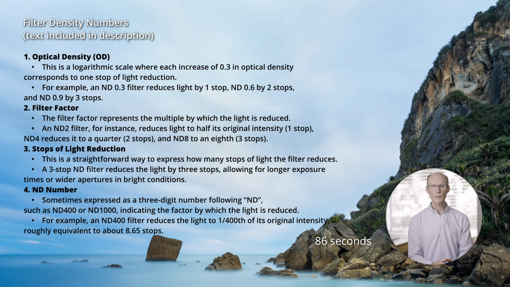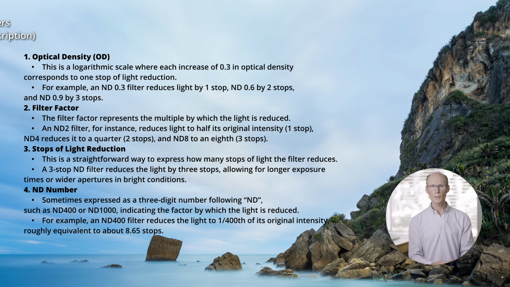Filter rating systems. It's quite confusing that there are 4 commonly used neutral density measures for specifying the amount of exposure reduction. I've listed the 4 different systems on screen for your reference. I tend to think in stops of light, so I'm always relating the numbering systems back to the stops of light that the filter is reducing.